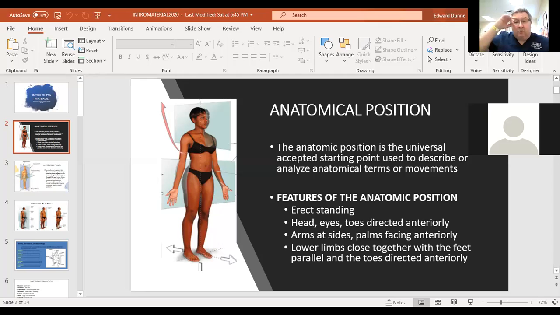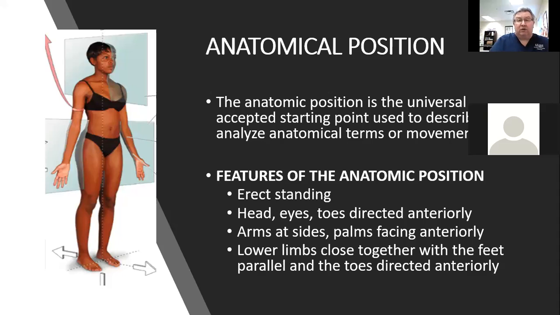So again, the anatomical position is you're standing straight up. Your head, your eyes, and your toes are directed frontwards or anteriorly. Your arms are at your sides with your palms facing anteriorly. And your lower limbs, your legs, are close together with your feet parallel and your toes, again, directed anteriorly or in the front direction.